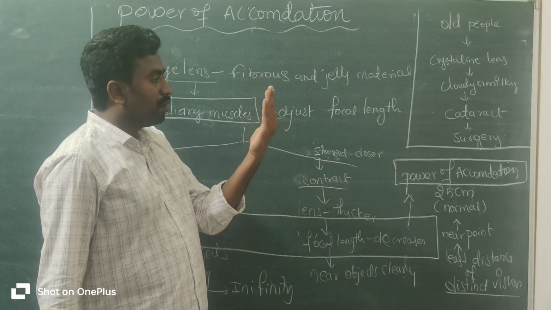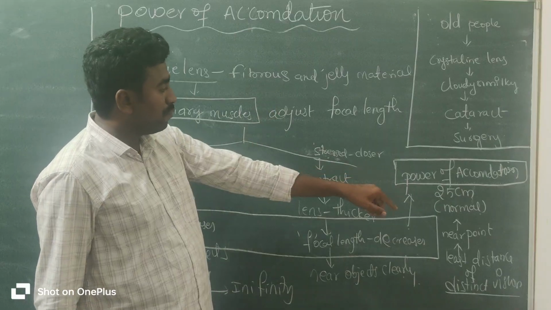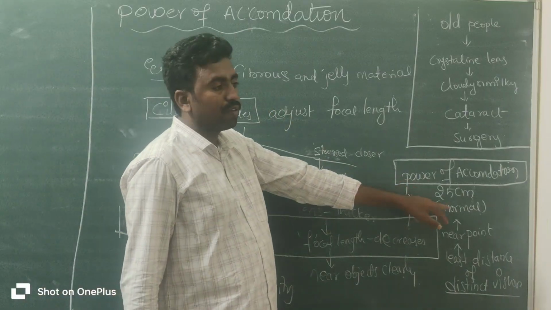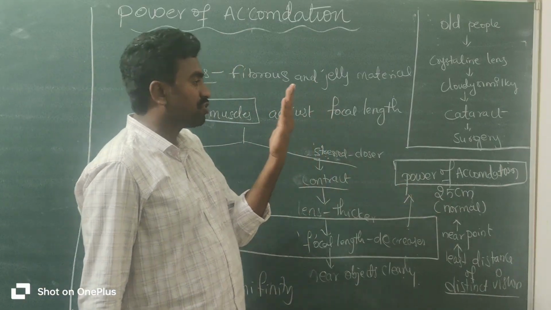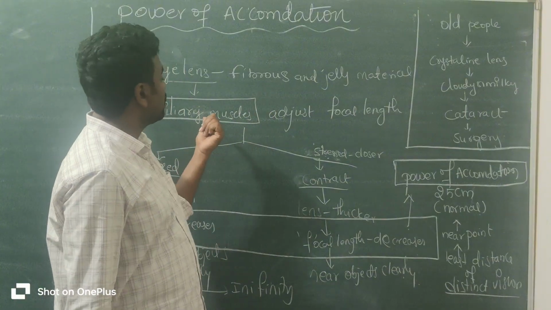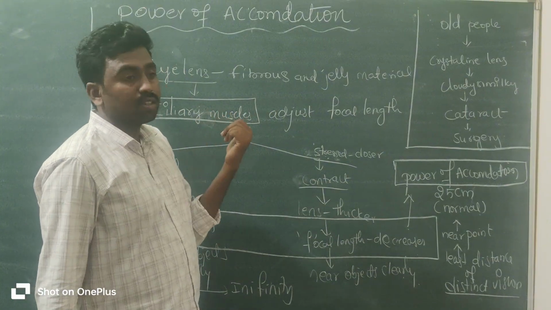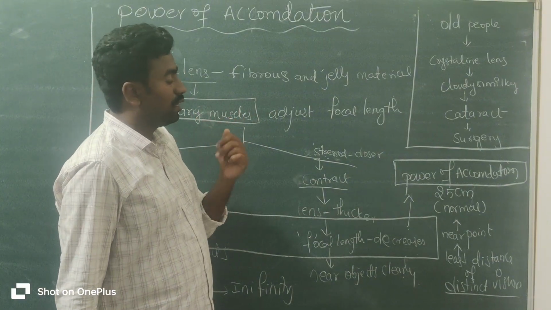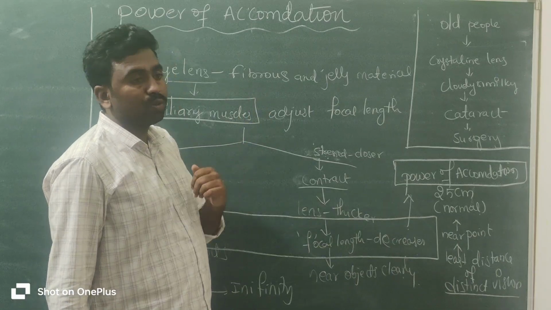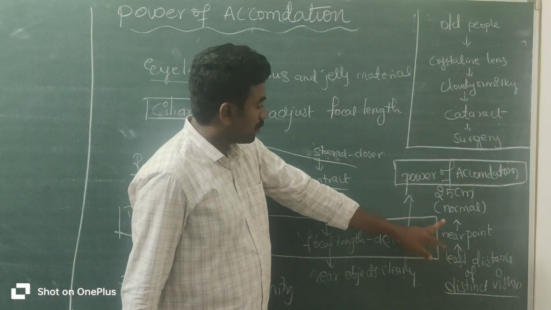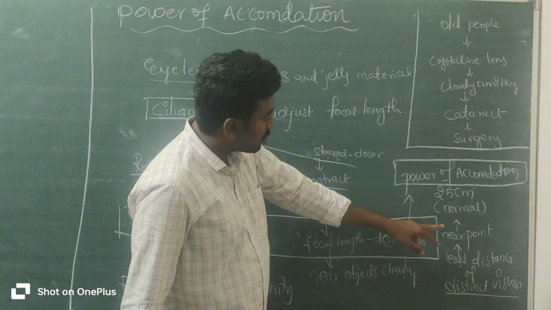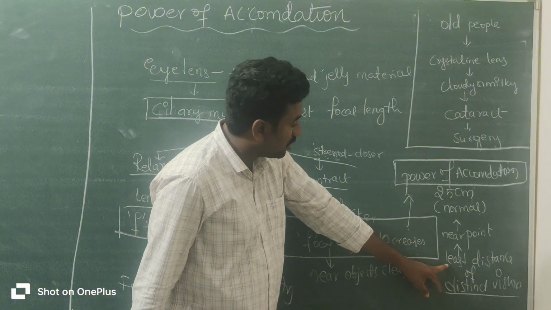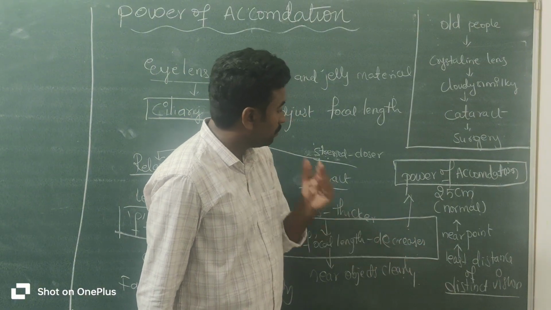If you bring any object closer than 25, your eye will strain, your ciliary muscles are stressed, and you will not be able to see the object clearly. The minimum distance at which we can see the object is called the power of accommodation, or near point, or least distance of distinct vision.